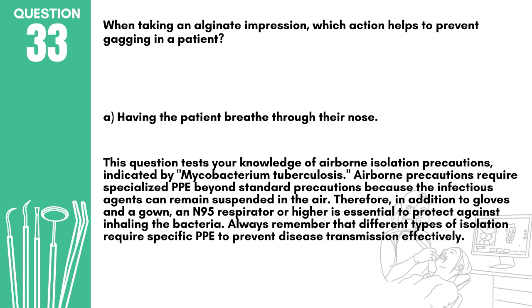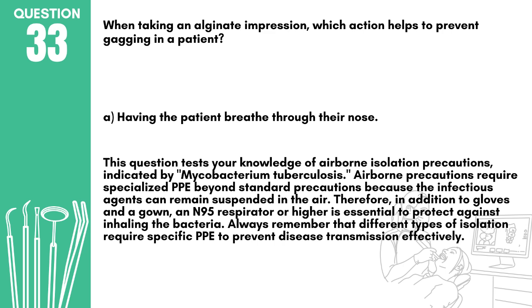This question tests your knowledge of patient management during impression taking, focusing on comfort and preventing a common issue. The keyword prevent gagging highlights the need for strategies to make the procedure tolerable. Encouraging the patient to breathe deeply and slowly through their nose helps distract them and creates a sensation of control, which significantly reduces the gag reflex.